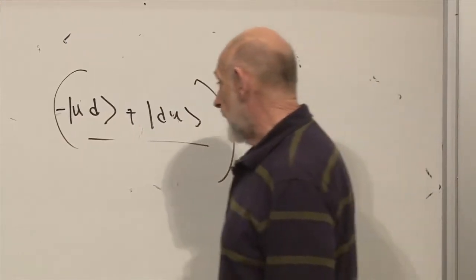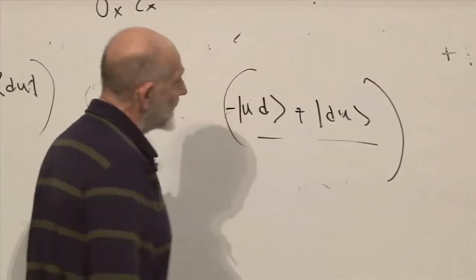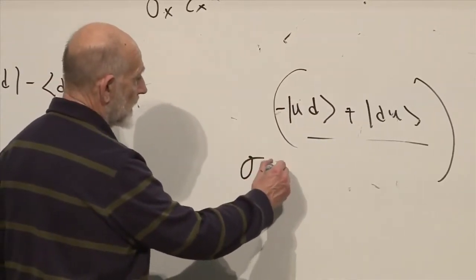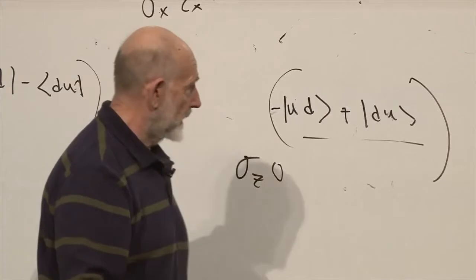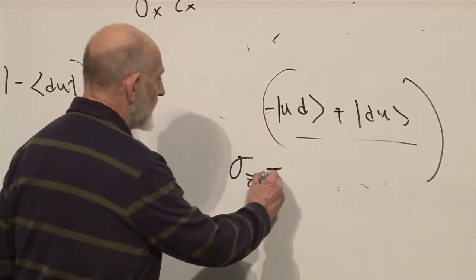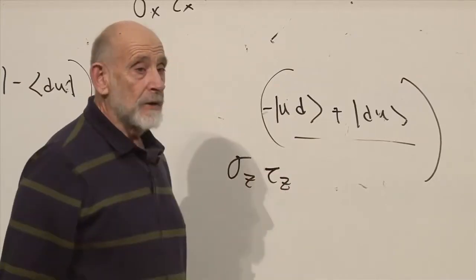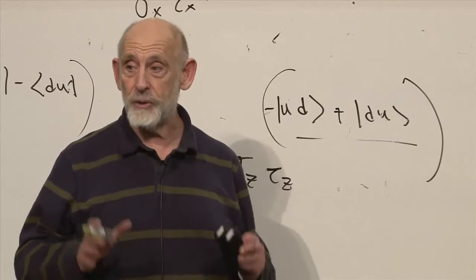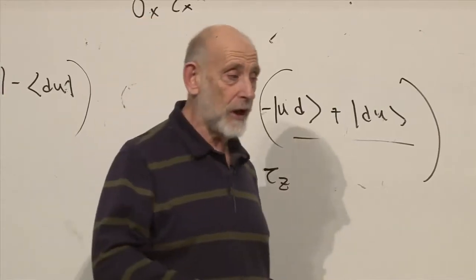In fact, if you think about it, this state is an eigenvector of sigma z times tau z. What's the eigenvalue? Minus 1. So in fact, this state is a state in which if you measured the product sigma z tau z, you would get minus 1 every single time.